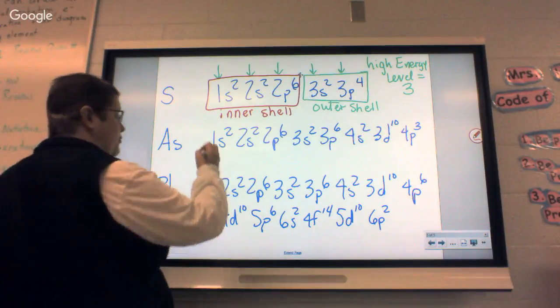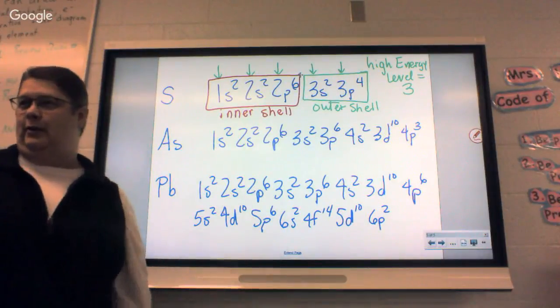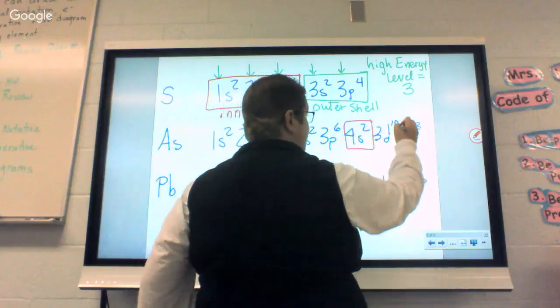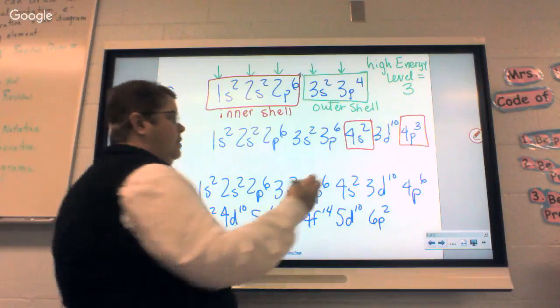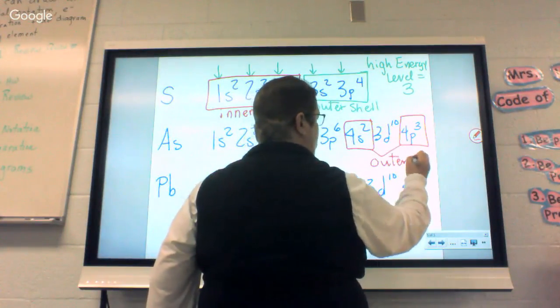All right, now, so if we look at arsenic, what's the highest energy level? There we go. So 4 is here and there. They're not side by side, are they? No. So those are the outer shell.